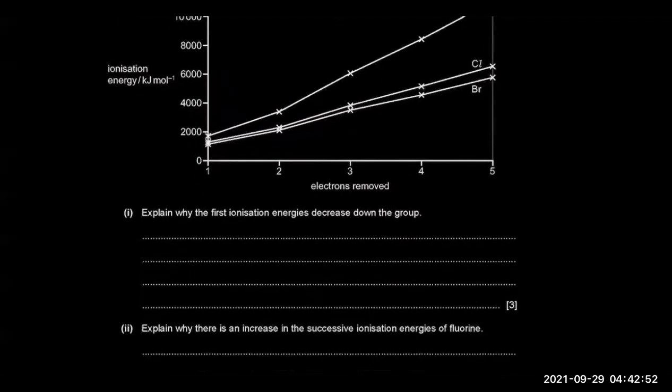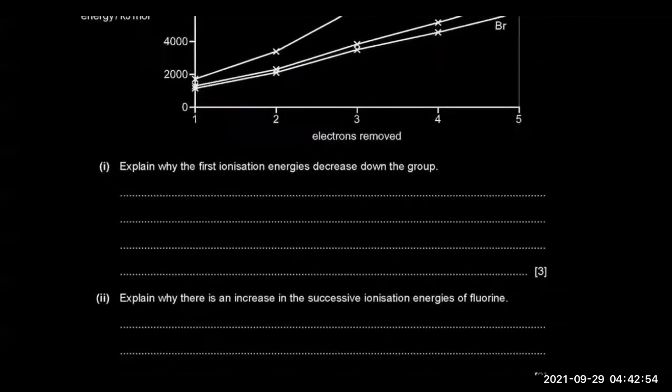Why do they decrease down the group? So the number of shells increases, right?